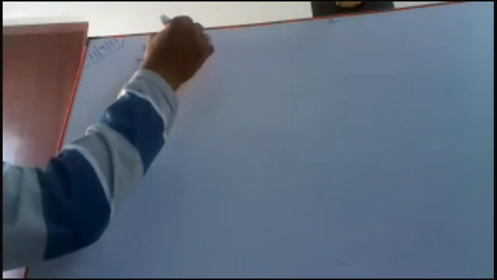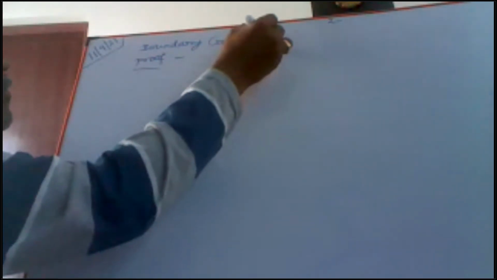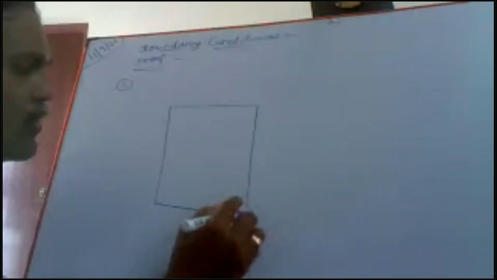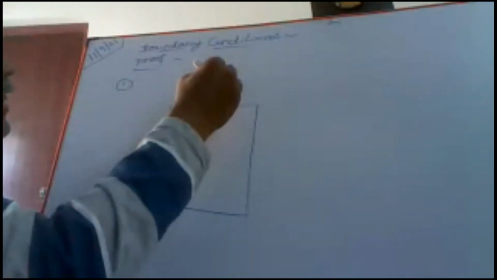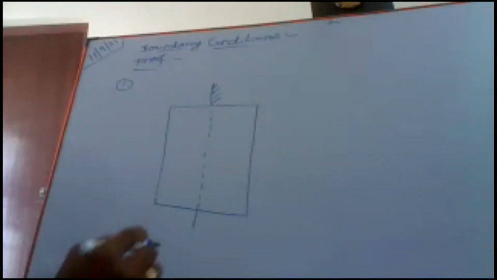Now I'll come to an arrangement for proving the boundary conditions, which is the actual title. Proof for the first statement is what we are going to do. For proving the first statement, I am going to assume a rectangular box like this, which has two parts like this, and here it is a hinged joint.